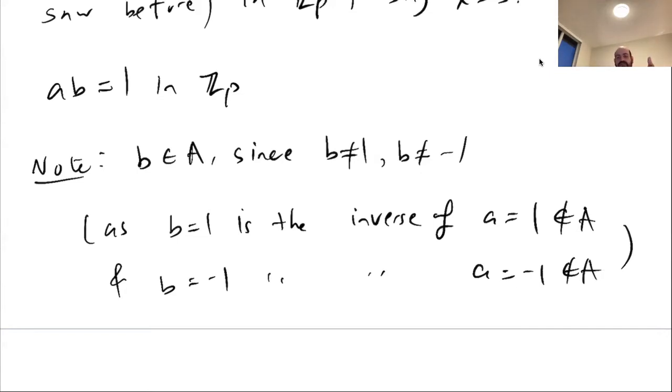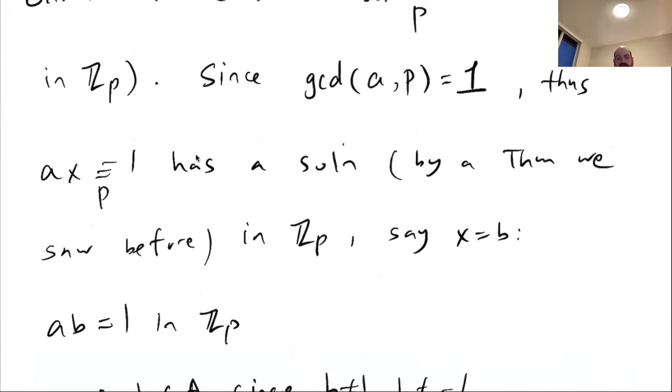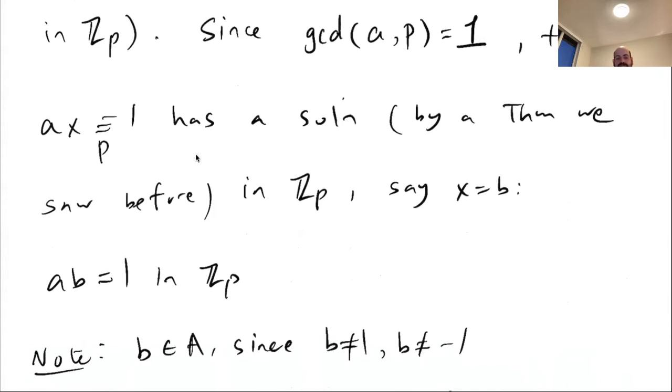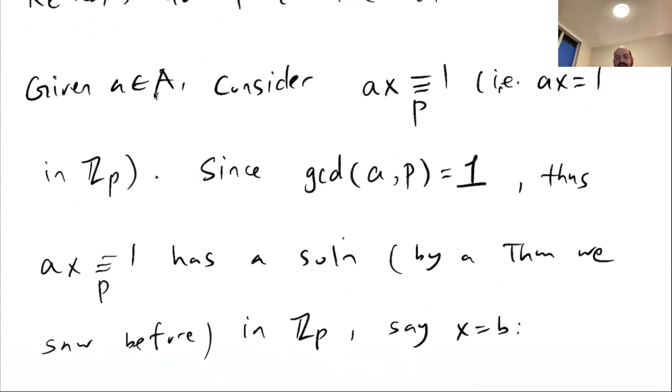Now, 1 is the inverse of 1, and minus 1 is the inverse of minus 1, and 1 and minus 1 are not in A, right? So if 1 is the inverse of 1, it cannot be the inverse of a number in A anymore. Remember, A is in A.